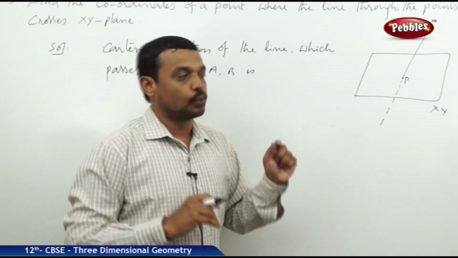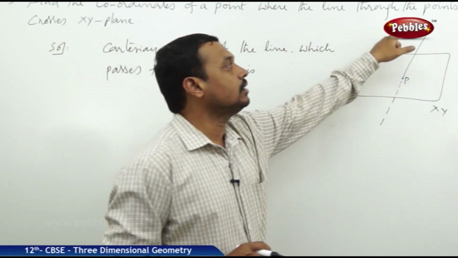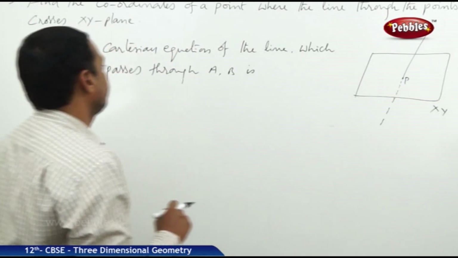So it was already proved. Now we can use that formula to find the line passing through the two given points A and B.